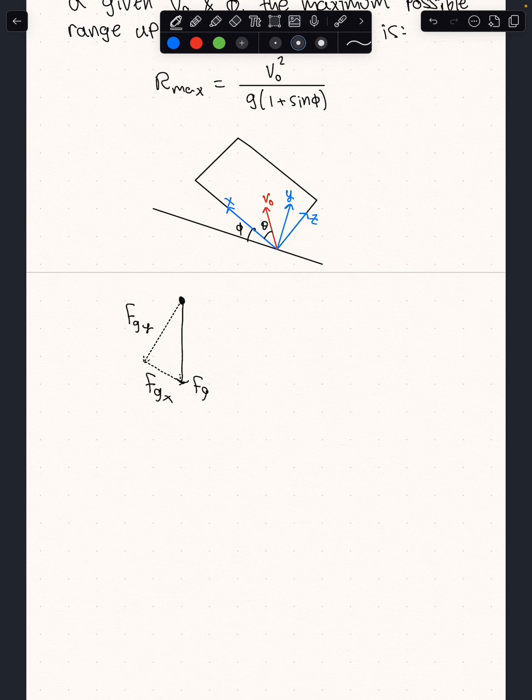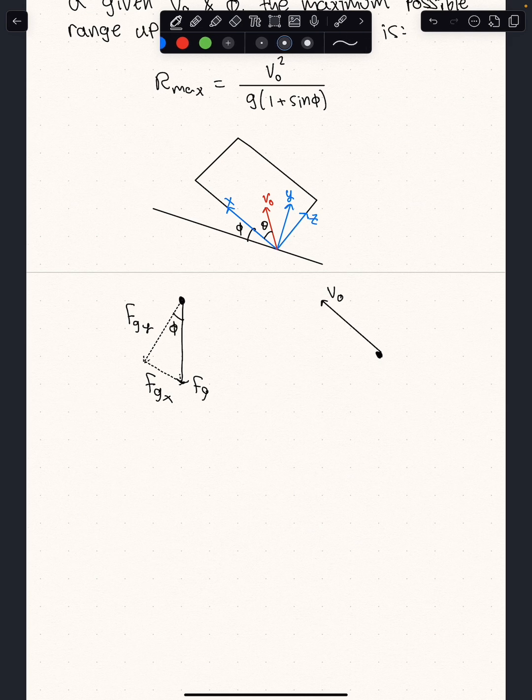I think it's worth it to also draw a second picture of the ball with its velocity. So if this is the ball's initial velocity, this is going to be the angle phi, I forgot to mention that.